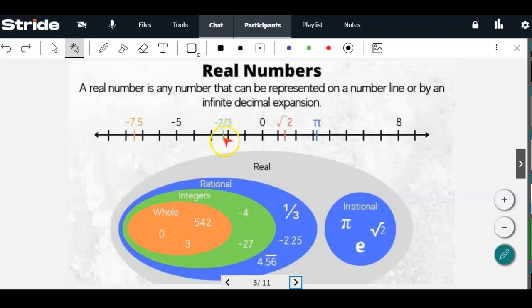Negative 7/3 would be a repeating decimal, so that's a rational. 0 is a whole number. Square root of 2, though, is over here. It's irrational, but you can still represent it on the number line. And pi, remember, is 3.14 and so on. So this is how you represent real numbers on a number line.